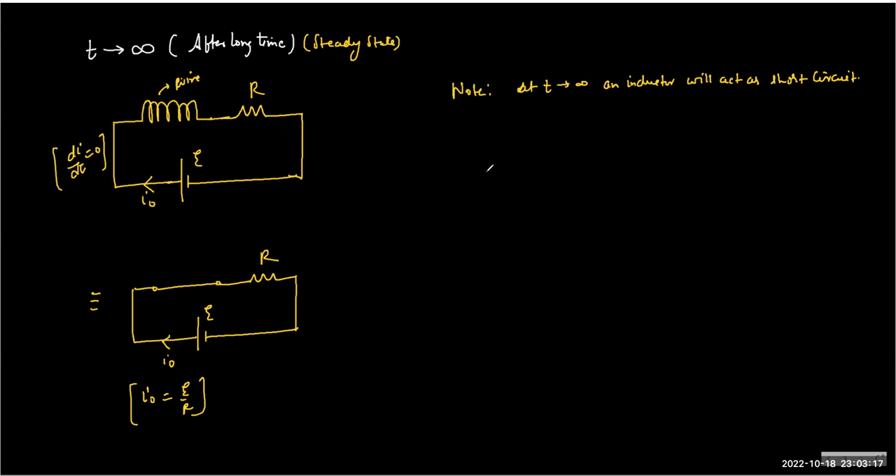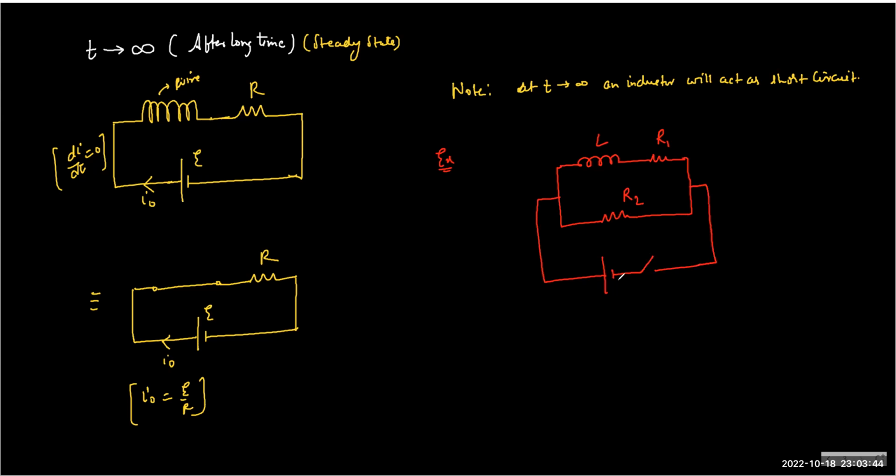So based on these two extreme cases, we can solve a variety of problems. Let me give you one example. So we have two resistors.